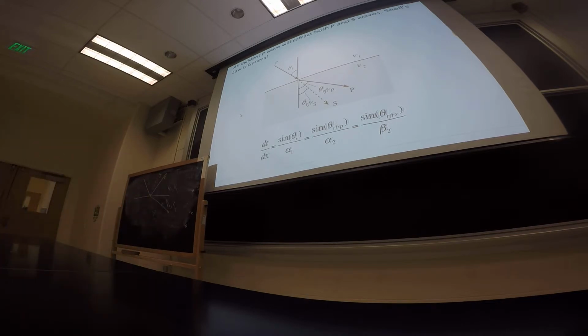Can I get a straight ray path between point A and some point down here, C? Is it possible? Under what conditions would I get a ray path that would be straight, and under what conditions not?